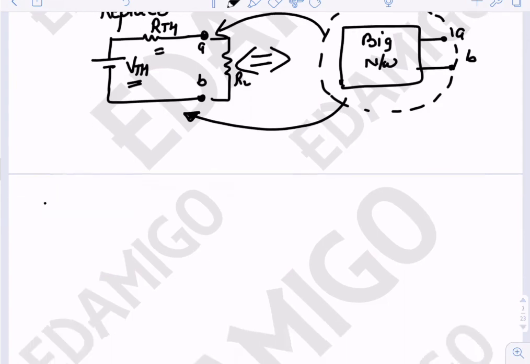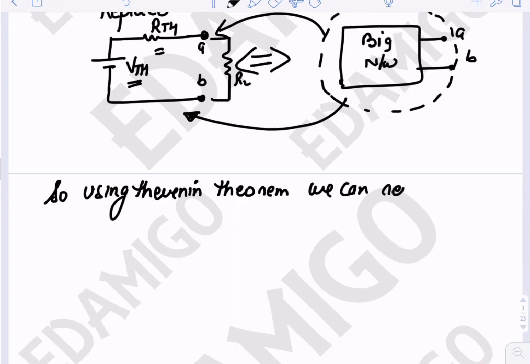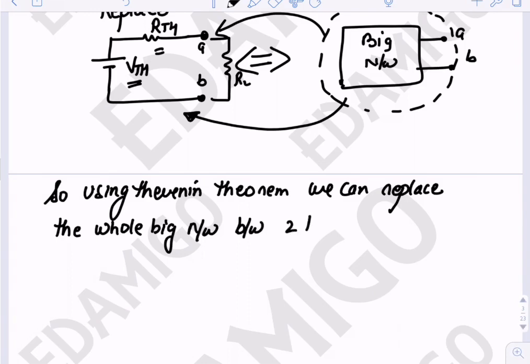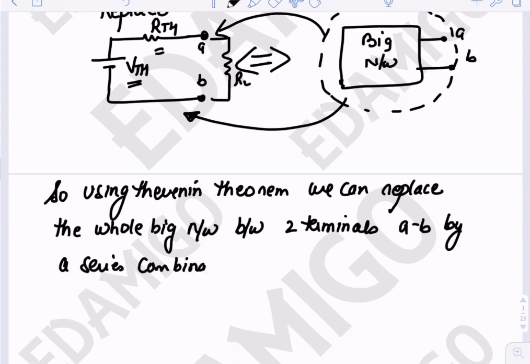So using Thevenin's theorem, we can replace the whole big network between two terminals A and B by a series combination of VTH and RTH. Now let us see what is VTH and RTH.